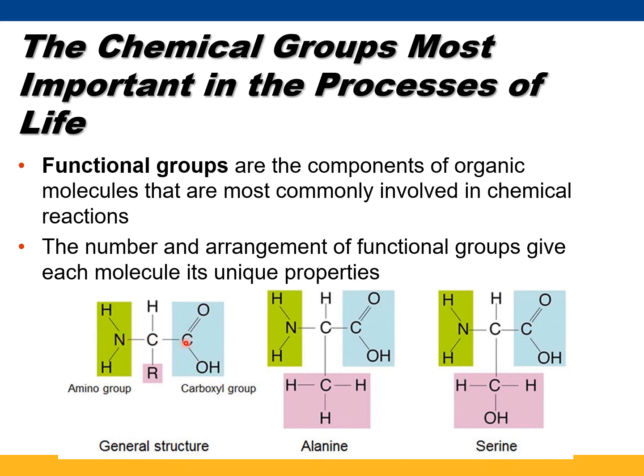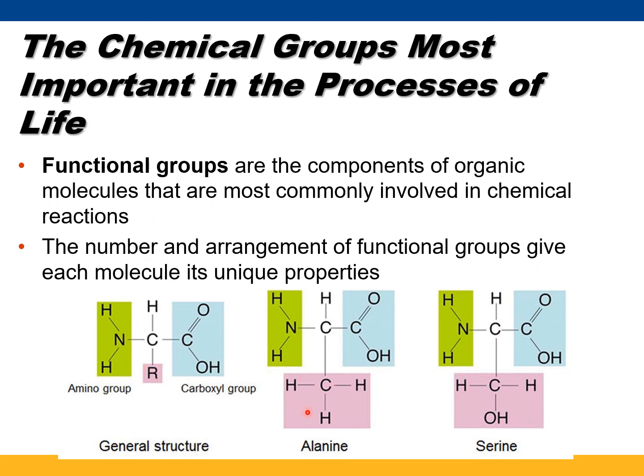So we have this backbone here, and what we do is we bind between these groups and these groups to form long peptides. But notice that we have different amino acids based on what goes right here. R means variable in organic chemistry, meaning we could have almost anything there. In our case, there are up to 21 or 24 different things that we can put here.